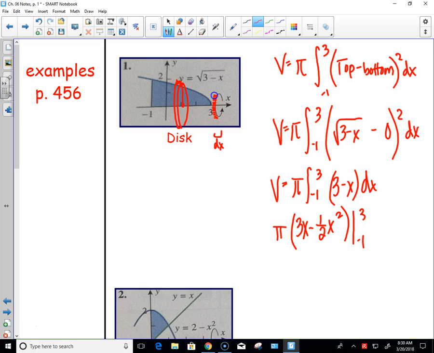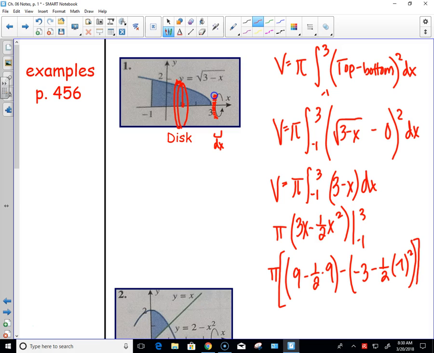There's a big old pi chilling. And if this was a long answer, I could just leave it all nasty and unsimplified. So 3 times 3 is 9, minus 1/2 times 9. That's f of b, minus f of a, plugging in negative 1, minus 1/2. I am so sorry, it's not a 7, it's a negative 1.